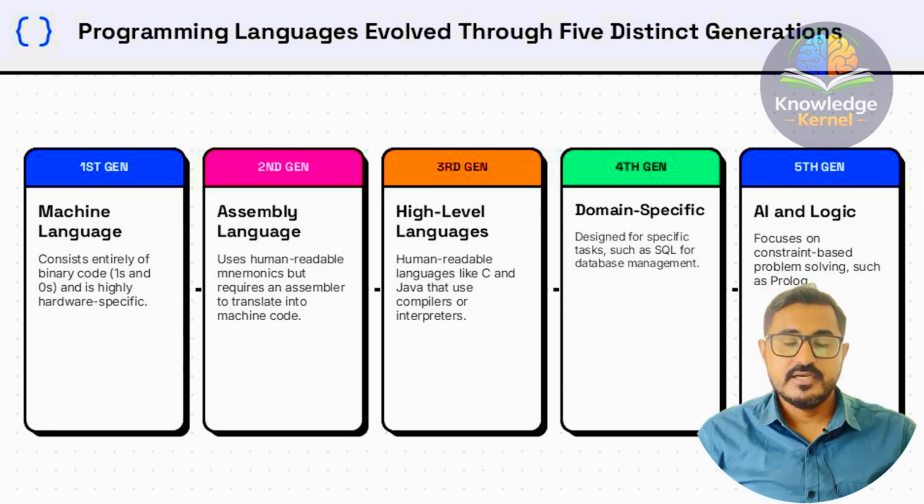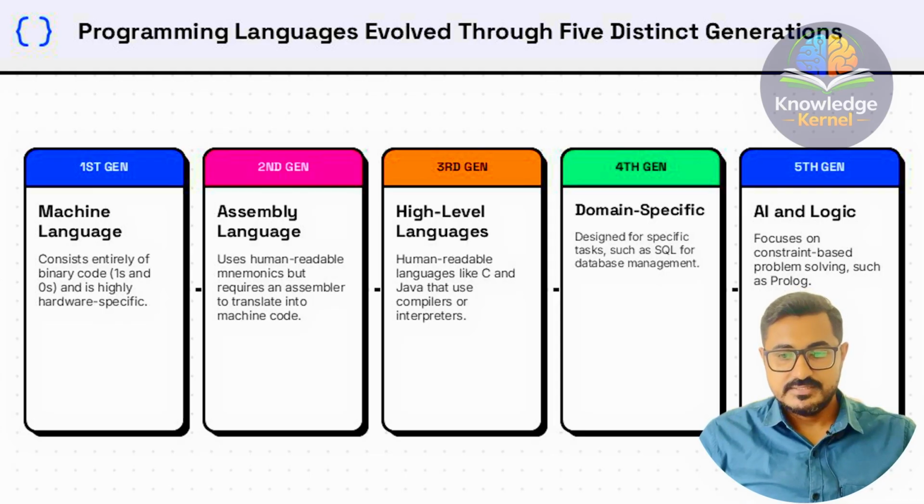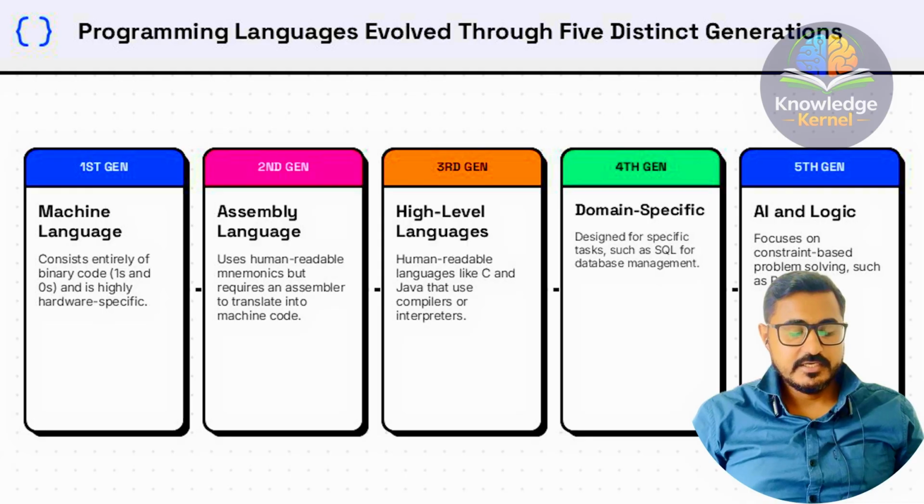The third generation introduced high-level languages like C and Java, making programming much easier. The fourth generation includes domain-specific languages such as SQL, designed for specialized tasks. Finally, the fifth generation focuses on artificial intelligence and logic programming, enabling intelligent problem solving and expert systems. Now we will discuss each of these generations in detail with their advantages and disadvantages.